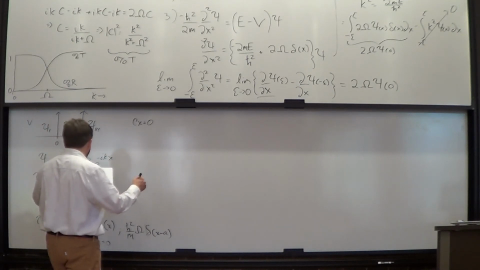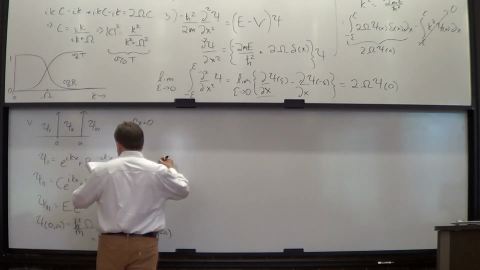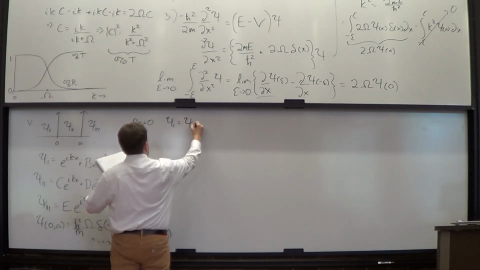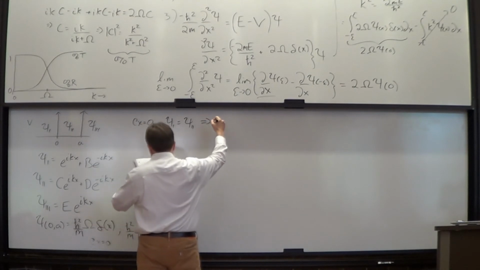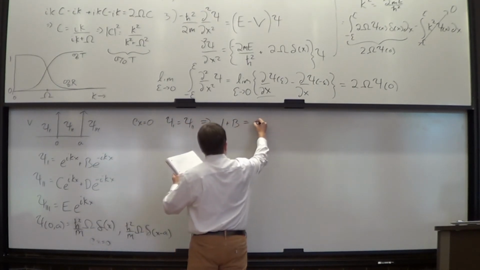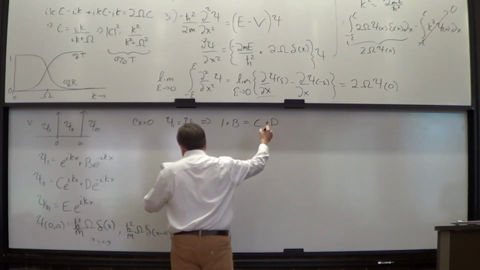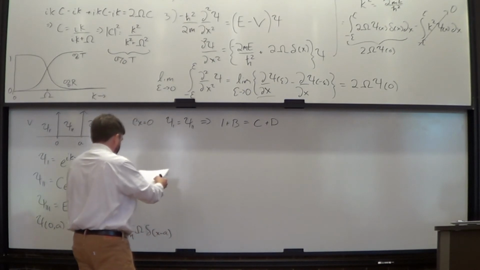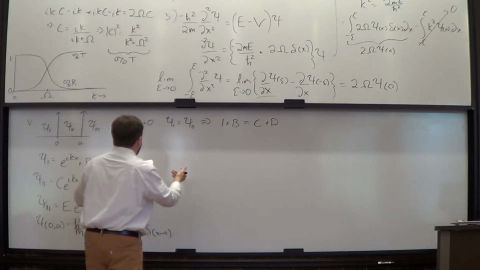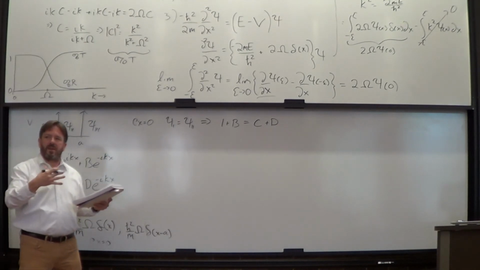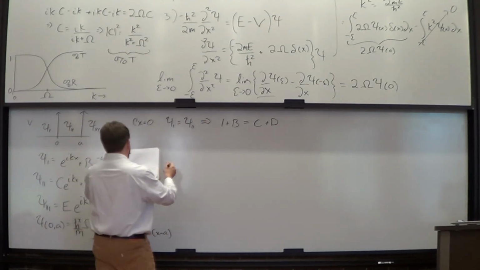Okay, so anyway, at x equals 0, what have I got? I've got psi 1 is equal to psi 2, therefore 1 plus b. See, it starts out in a very non-threatening manner. Okay, now what? Now I'm assuming that you recall from 10 minutes ago how you do the integration.